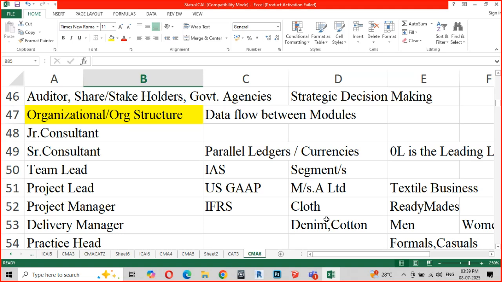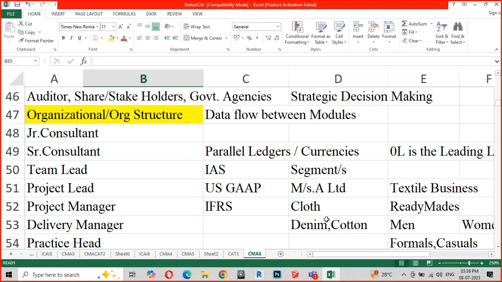It is asking me to submit my business results in the format it wants. If I tell them that I'm reporting only as per India, they will say you should meet our requirements.